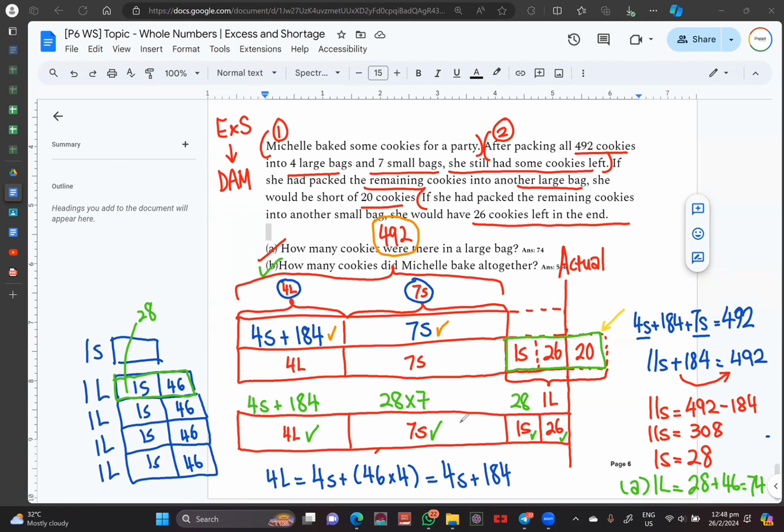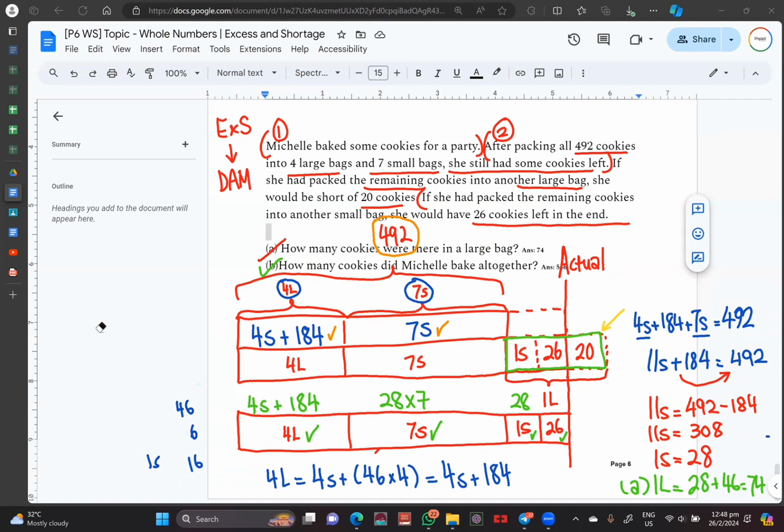I'm just going to write maybe over here. Let me just erase all of this first. So what I have now is really just this. Let me just write it down for you. You can do this together with me. If you want to stop the video, feel free to do so. 4 small, so we find 4 small first. 4 small is equal to 28 times 4. When we do 28 times 4, we get an answer of 112. So I will say, 112 plus 184 plus, what is 28 times 7?